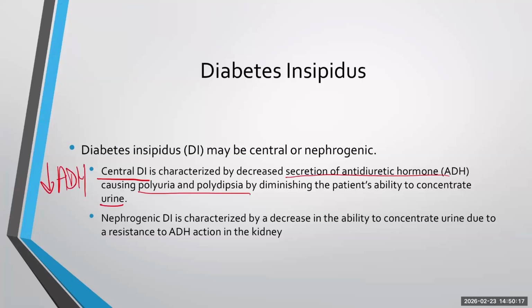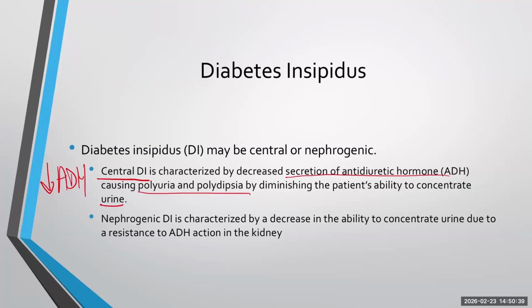They're not secreting ADH from the posterior pituitary. That's central DI. If they have central DI and I gave that patient ADH, are the kidneys still responsive to ADH? Yes, so they're going to have an effect if I give them ADH.